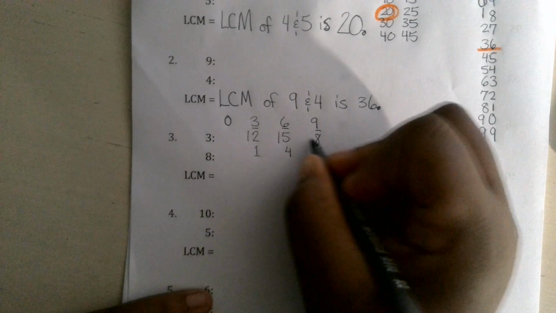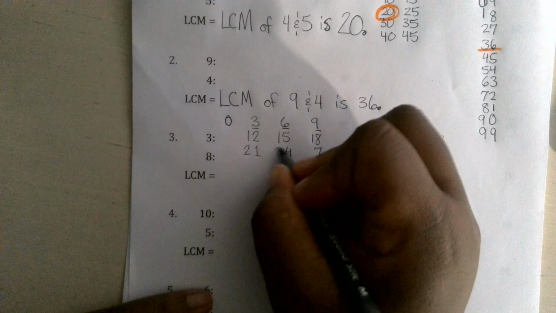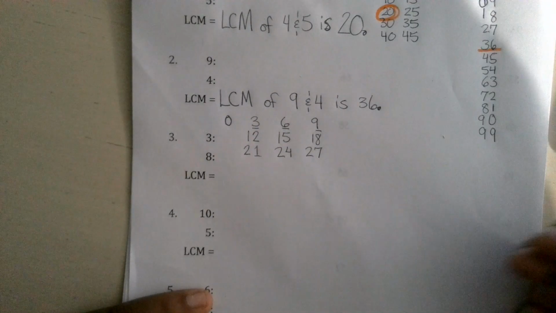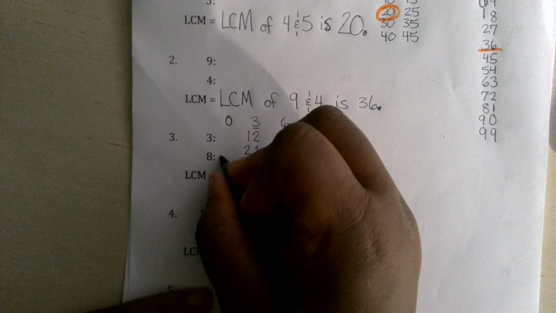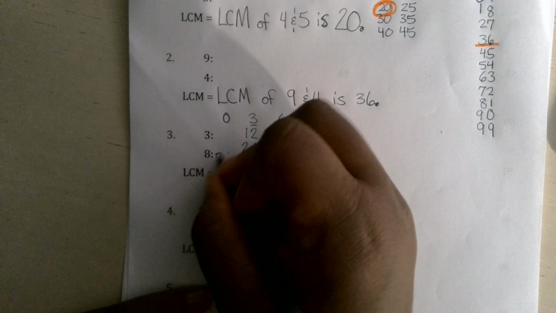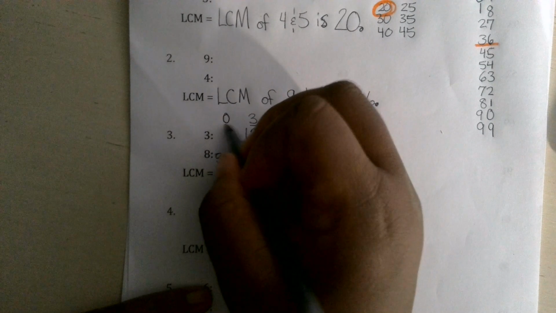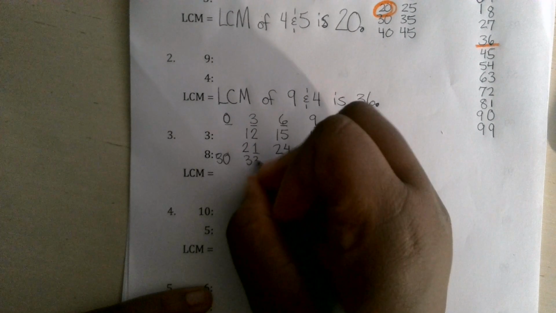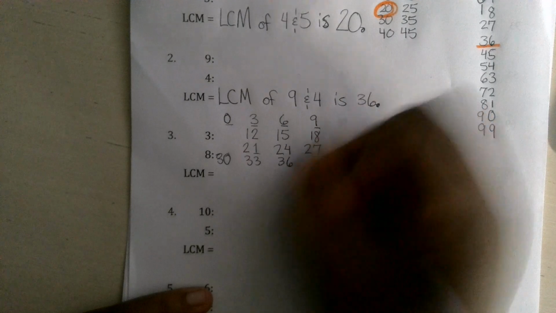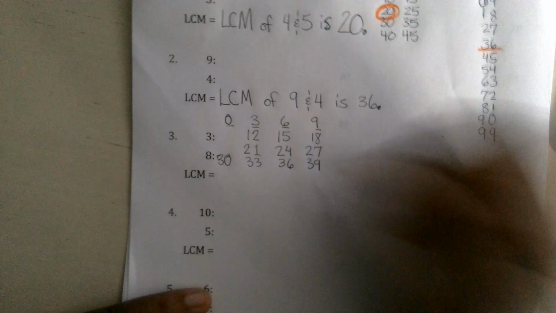These are my teens. These are my 20s. And then I'm going to close it up with a 0. That's going to be 30, 33, 36, and 39.